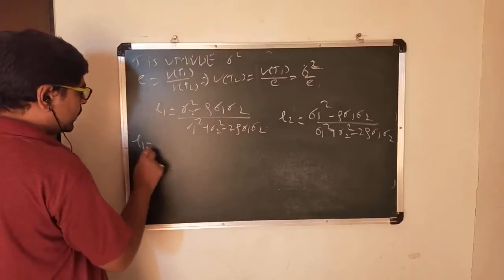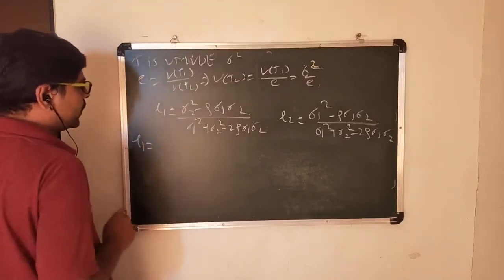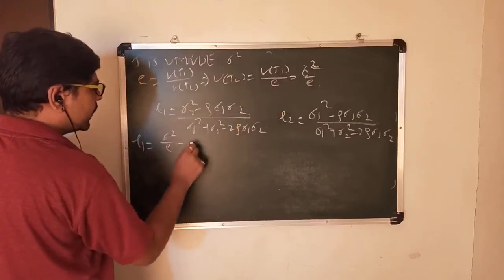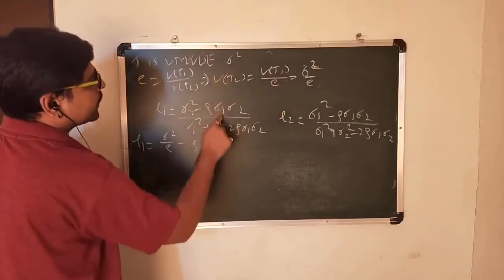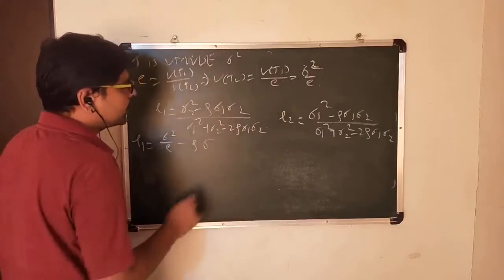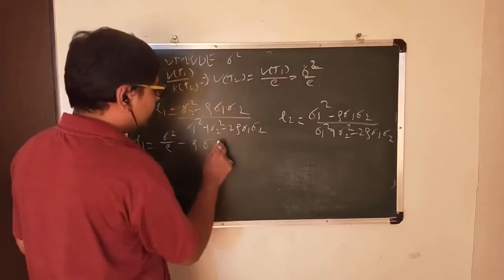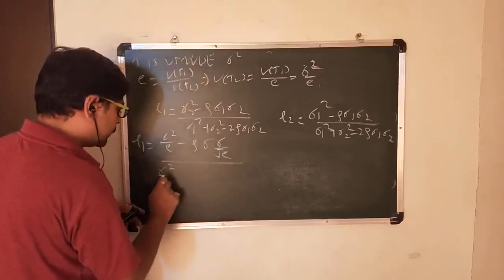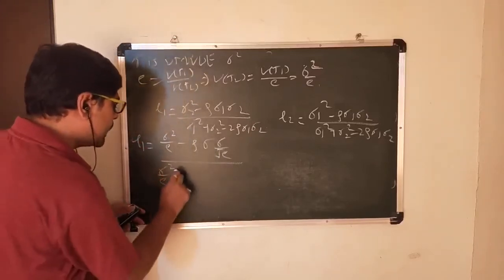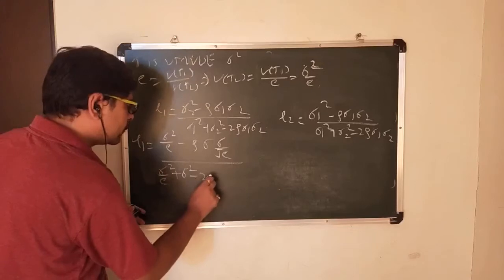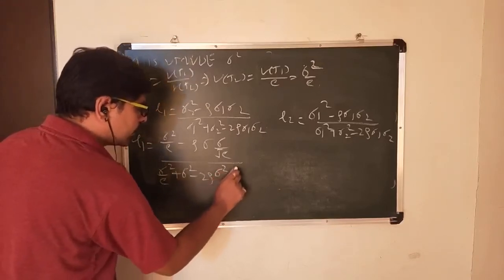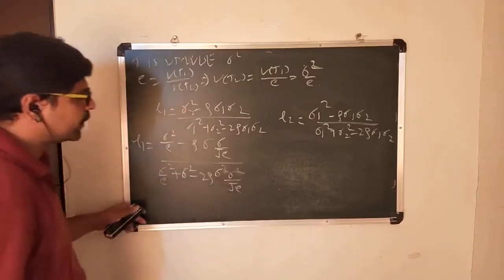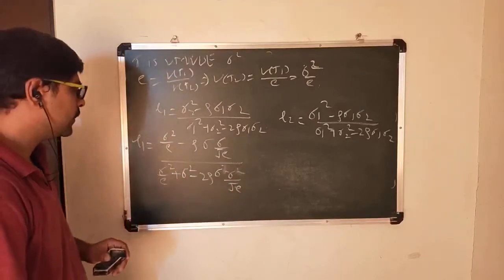What do we have? L1 is equal to sigma 2 square, which is sigma square divided by E, minus rho sigma 1, that is sigma, and sigma 2 is sigma upon root E, divided by sigma square by E plus sigma square minus 2 rho sigma into sigma upon root E. Here sigma 1 sigma 2 is there.